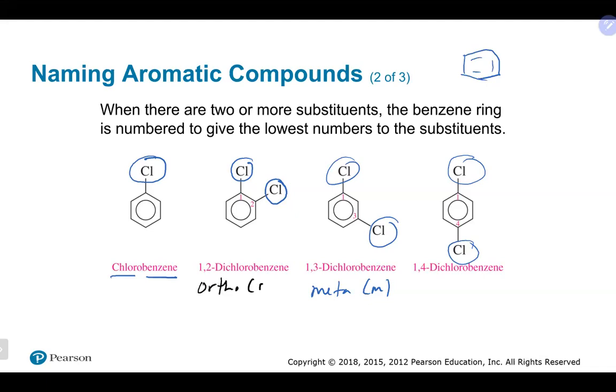Para, which would be P. All right. So ortho is 1,2 positioning, meta is 1,3 positioning, and para is 1,4 positioning. So this would sometimes just be written ortho-dichlorobenzene.